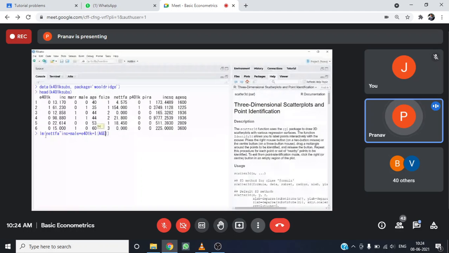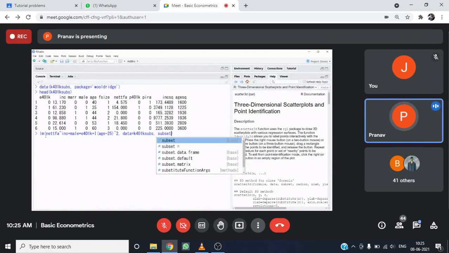So I have to use age minus 25 squared, then I have to use the data set K401KSUBS, but I only have to take the family size corresponding to value 1. So as we saw yesterday, we write subset equals family size FSIZE equals 1.